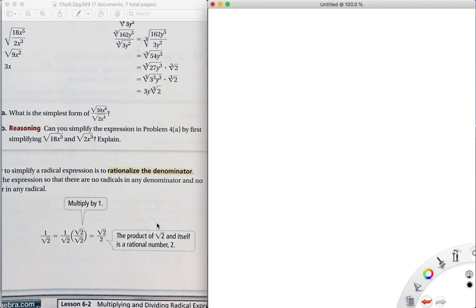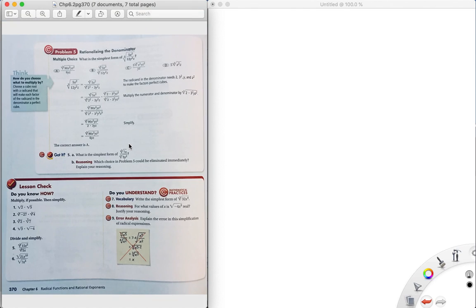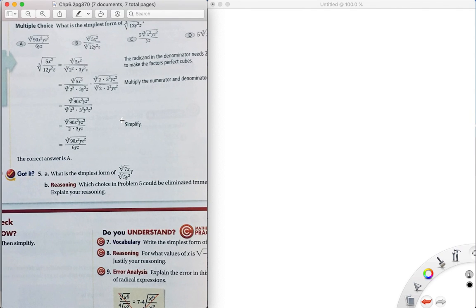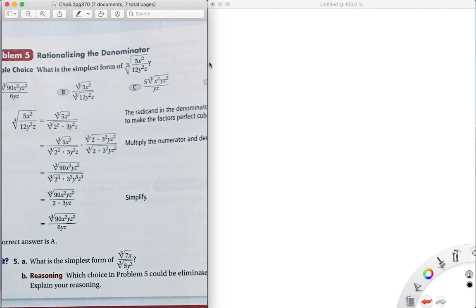But it's a little bit different than just multiplying it by itself. We have to multiply it either by a perfect square, by a perfect cube, by a perfect fourth. So I'm going to go through the first example to make you understand where this is coming from.